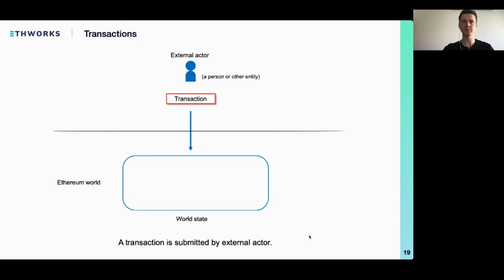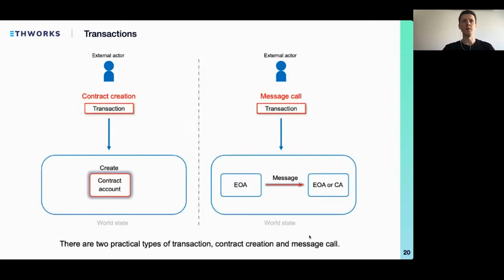So an external actor creates a transaction, and we have two transaction types. The first type is contract creation. It's a transaction that creates a contract account, so it creates a smart contract. The other type is called message call, and it's a type of transaction that, for instance, can invoke some method of an existing smart contract.